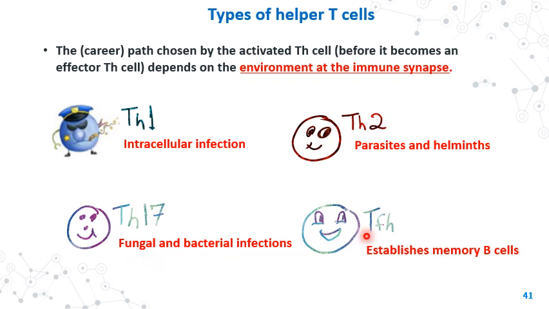And Th17 are very, very good at causing inflammation. Now, these other guys here, follicular helper cells, they are useful only in the lymph nodes or secondary lymphoid tissues, because they are going to teach B cells how to become memory cells. They're going to work with the B cells in the lymph nodes.